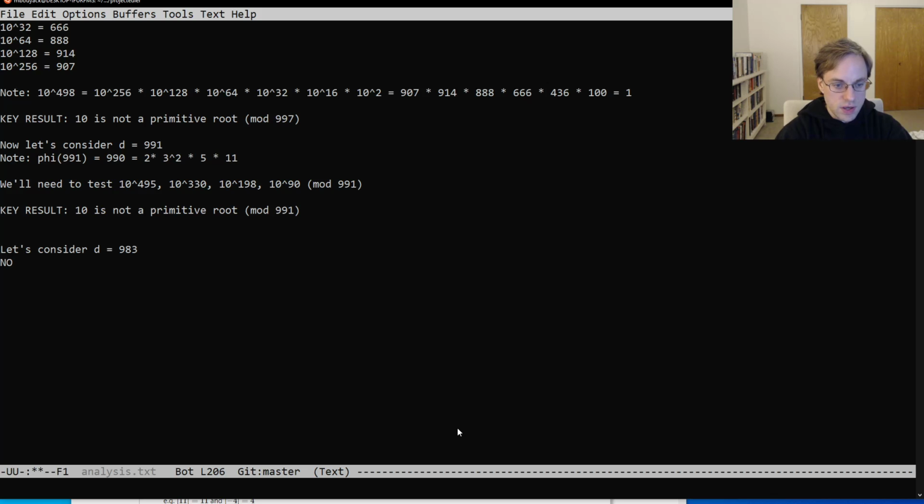And we'll say note phi of 983 is equal to 982, which is equal to 2 times 491. So we'll need to test 10 squared and 10 to the 491 mod 983.